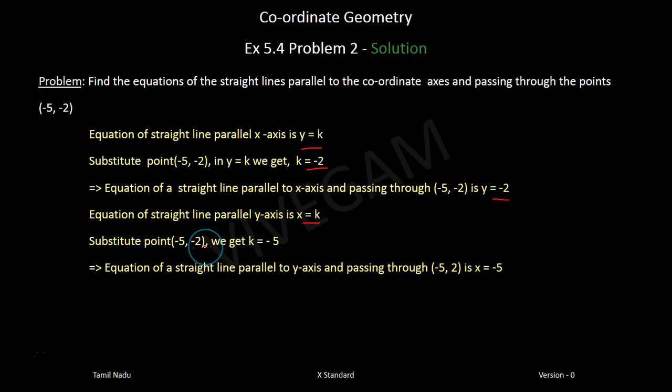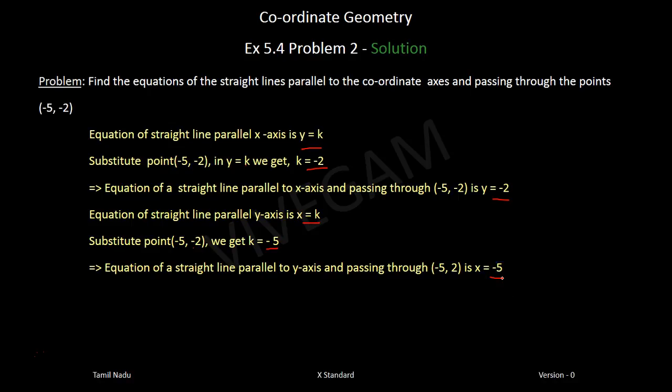So when you substitute the point -5 into this equation, what will you get? K equal to -5. So the equation will become x equal to -5, because in the last step we calculated k equal to -5. So x equal to -5 is the equation of the straight line.